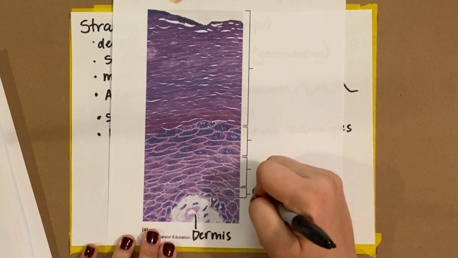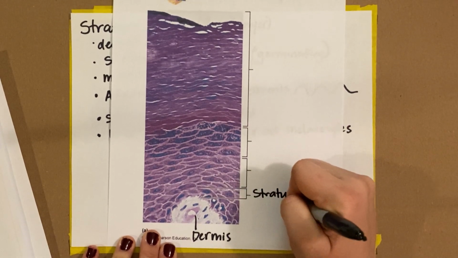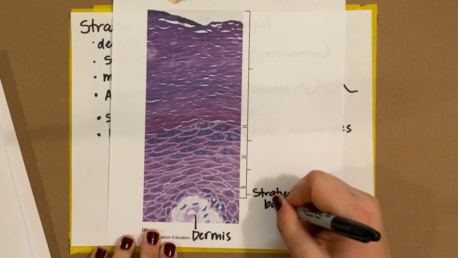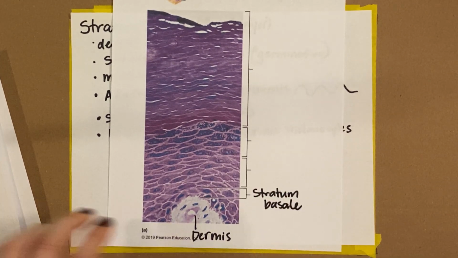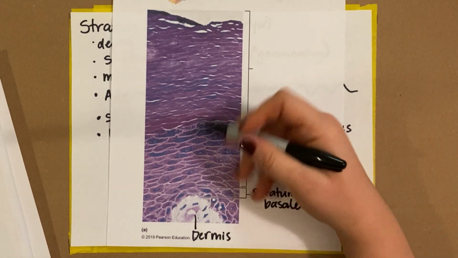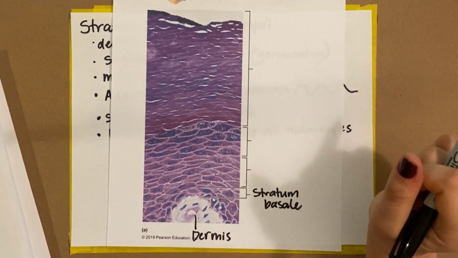We're going to call this the stratum basale. This is the lowest level, where we have these stem cells that are producing all the cells that are going to be up above it.